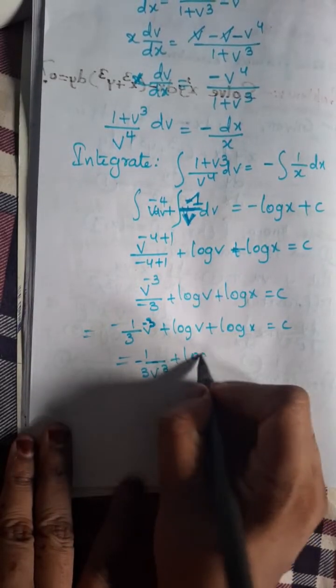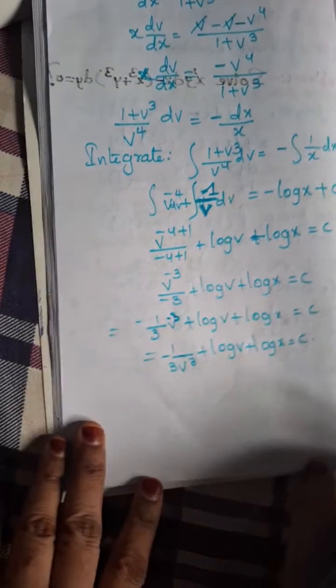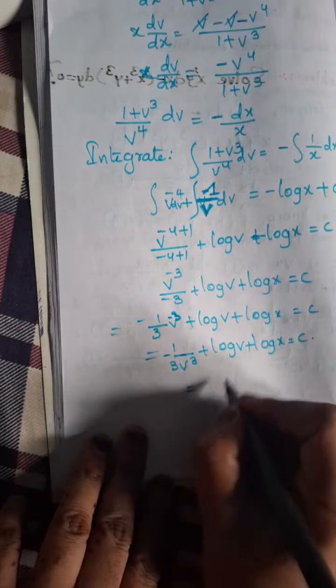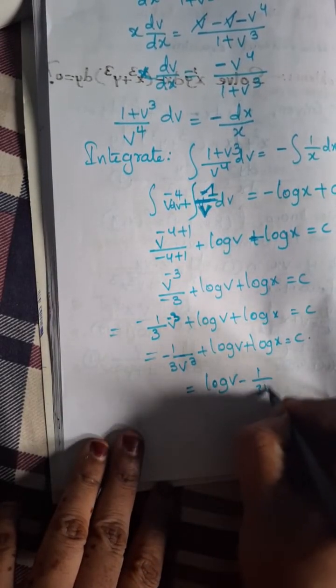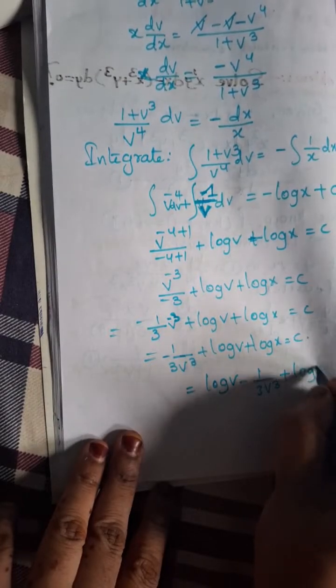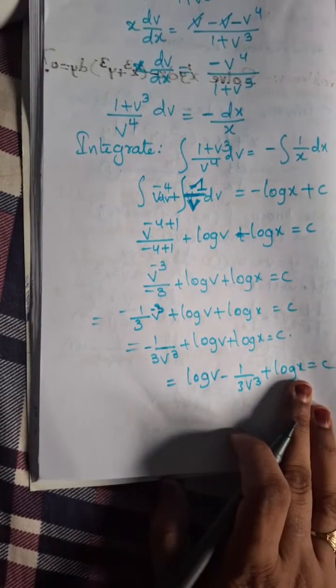Plus log v plus log x equal to c. Okay, this becomes log v minus 1 by 3v cube plus log x equal to c, is the last final step of this solution, that is the general solution.